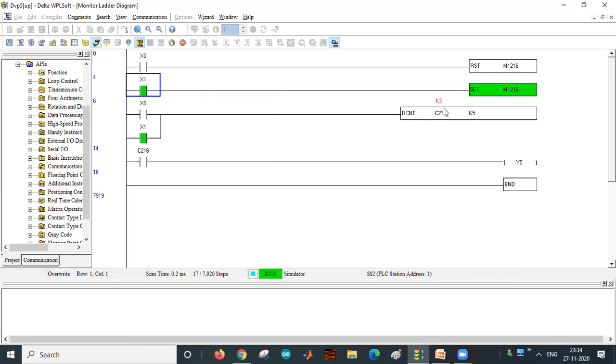So depending upon M1216, whether it is set or reset, it will count up or down. When M1216 is on, it will count down. The counting mode of C216 is decided by this flag. When off, it will count up.